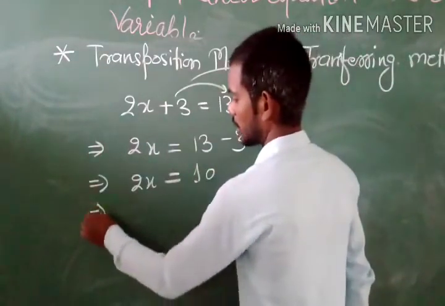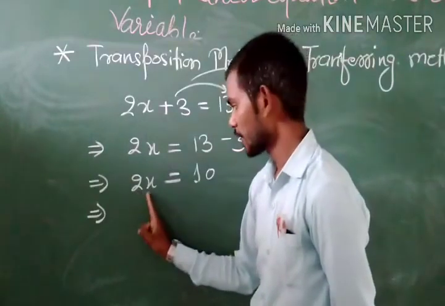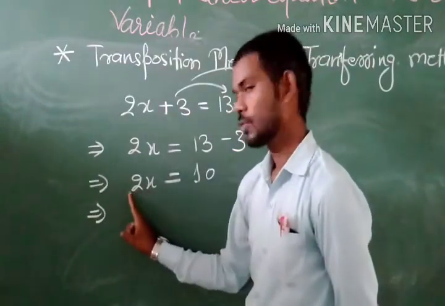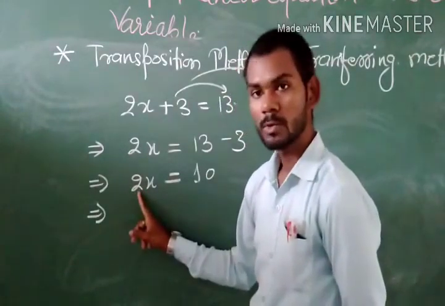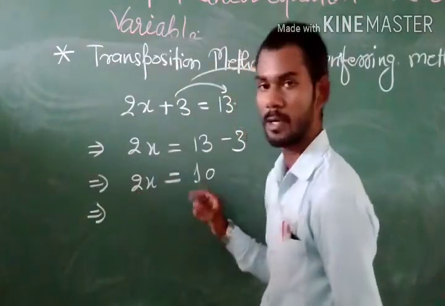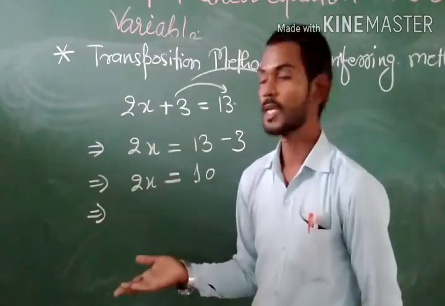And again, here we can see that 2 is multiplied in x. So when 2 goes to right hand side from left hand side, its sign also changes.